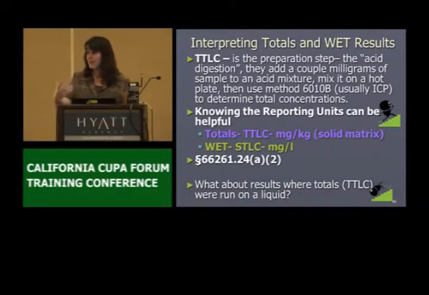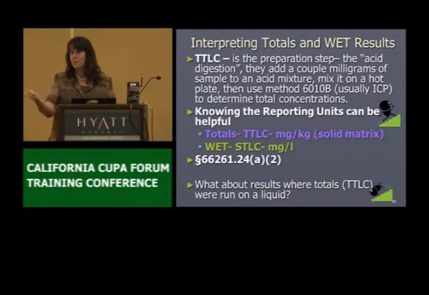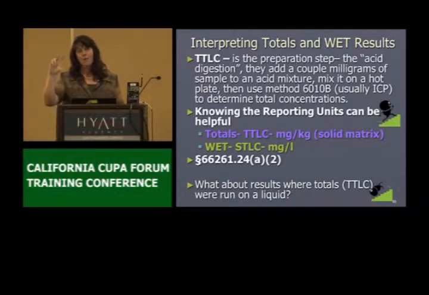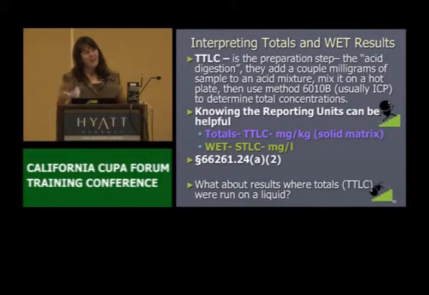Because I had collected those liquid samples, and they were very clear, like a glass of water, really, because we were trying to prove they were treating something that was toxic as well as corrosive. And because that sample was clear, I was told, well, there's no solids in it, so you don't have to run STLC. I might be able to argue that point at some level by showing a picture of it.